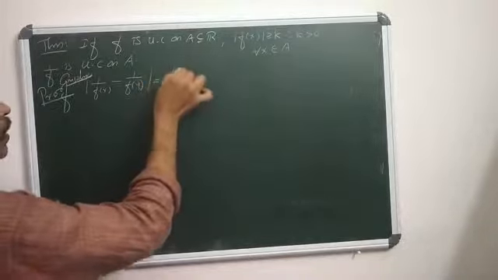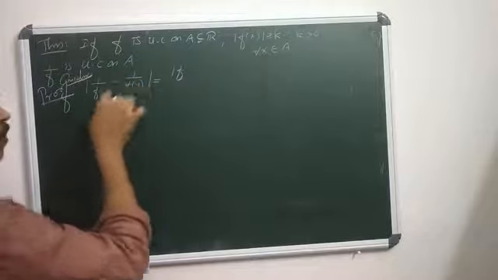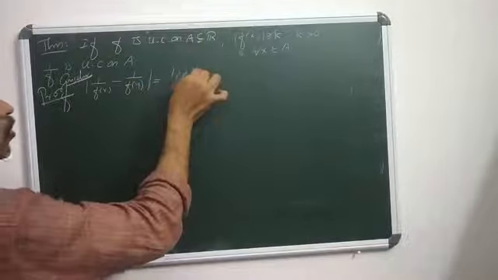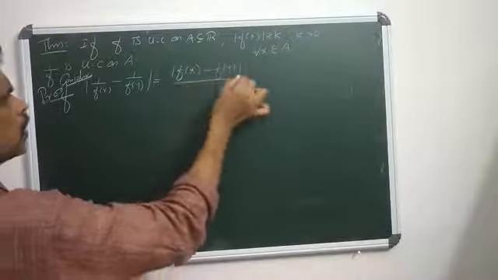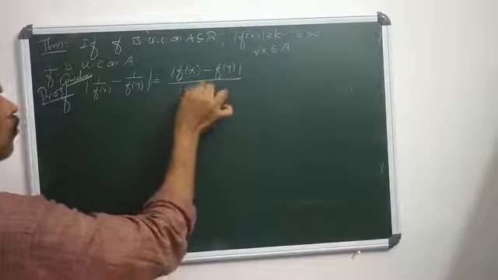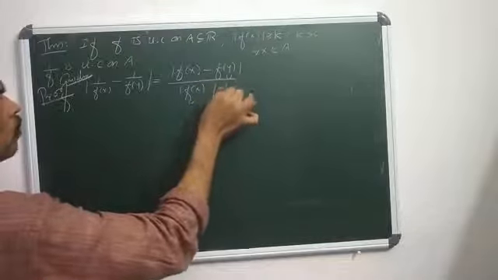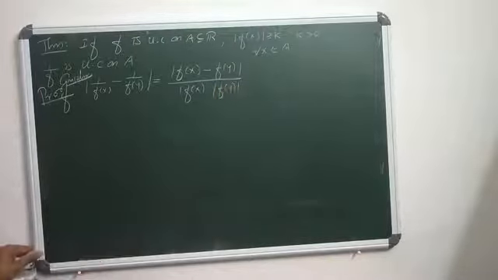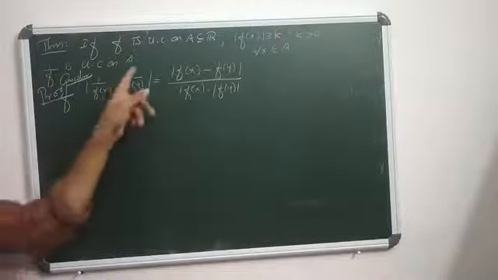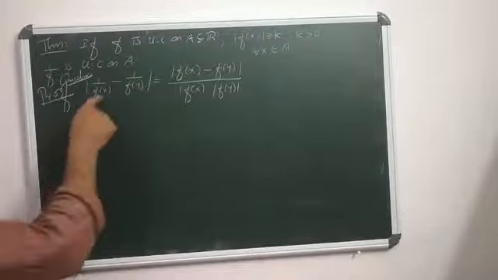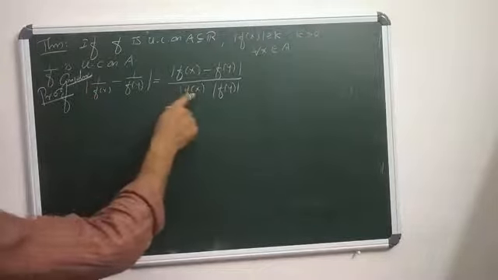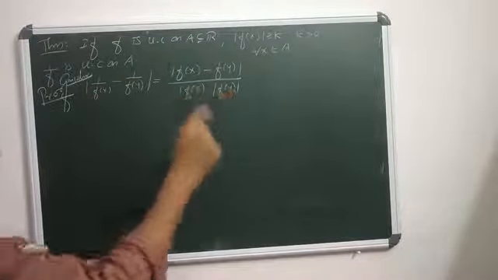On taking the LCM, it is modulus of f of y minus f of x divided by modulus of f of x into modulus of f of y. Modulus of f of y minus f of x is the same as modulus of f of x minus f of y. And mod f of x into f of y can be rewritten as mod f of x into mod f of y.